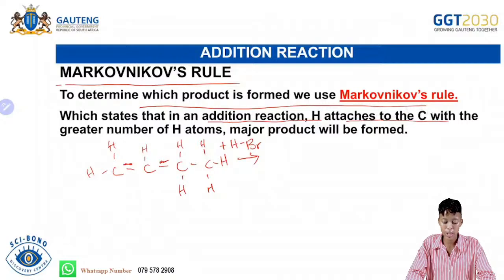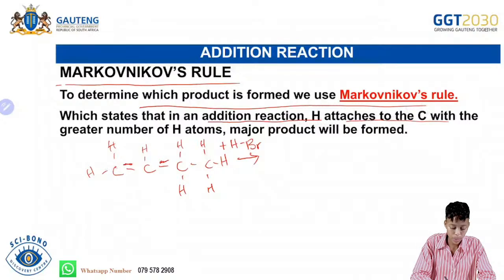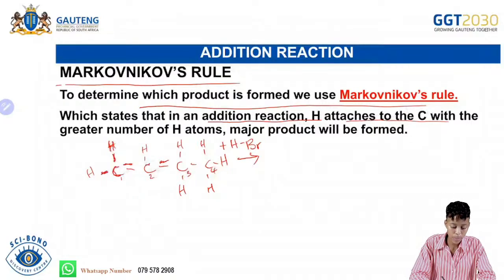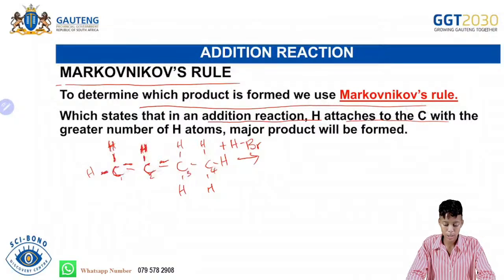So what does that mean? Let me write 1, 2, 3, and 4. On carbon number 1, we have a total of 2 hydrogens, and on carbon number 2, we have a total of 1 hydrogen.